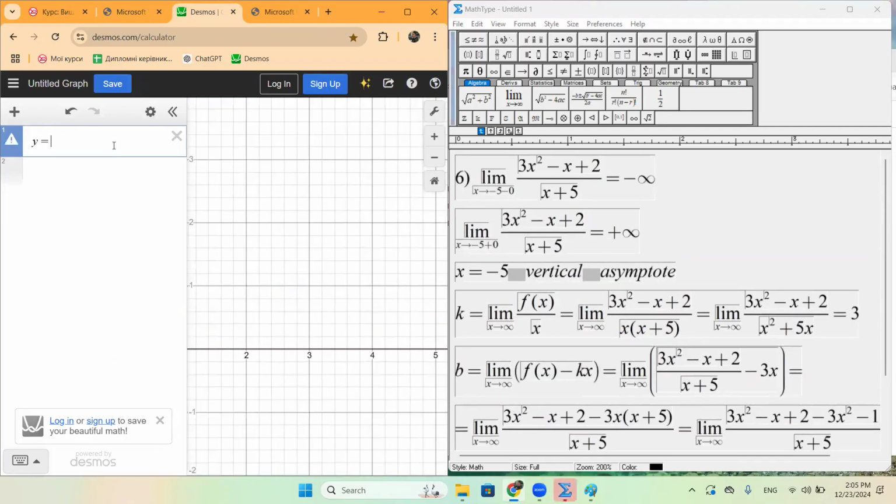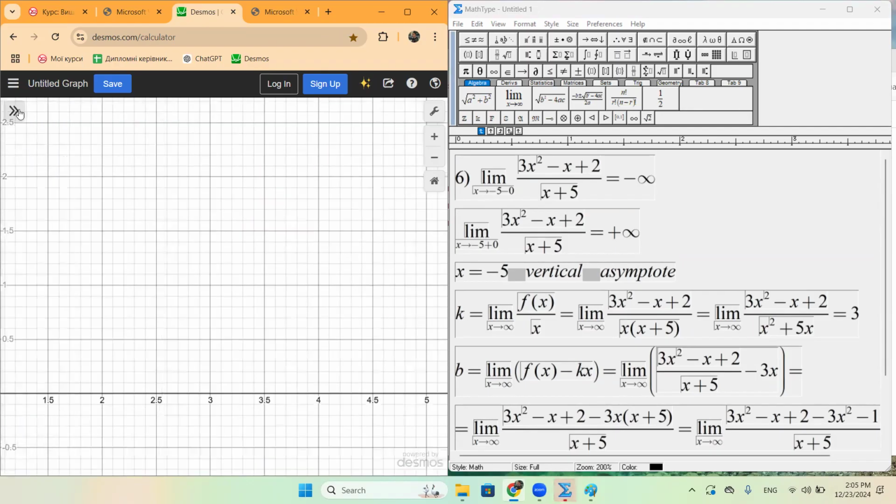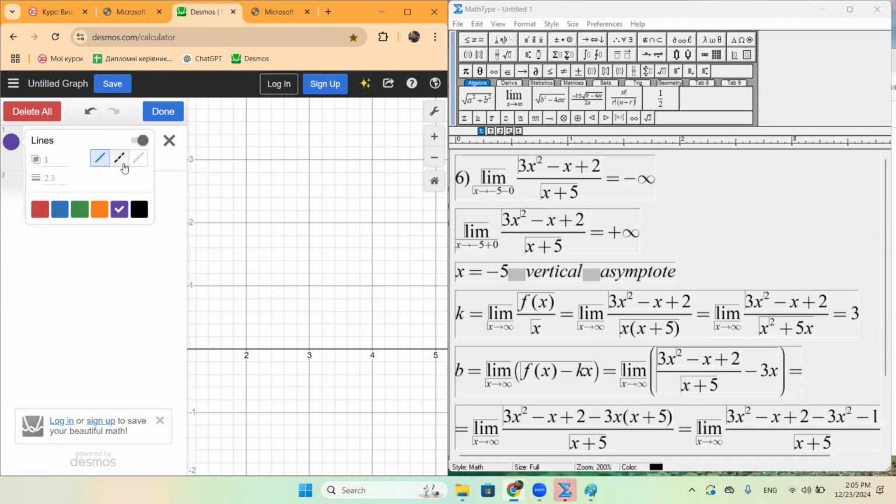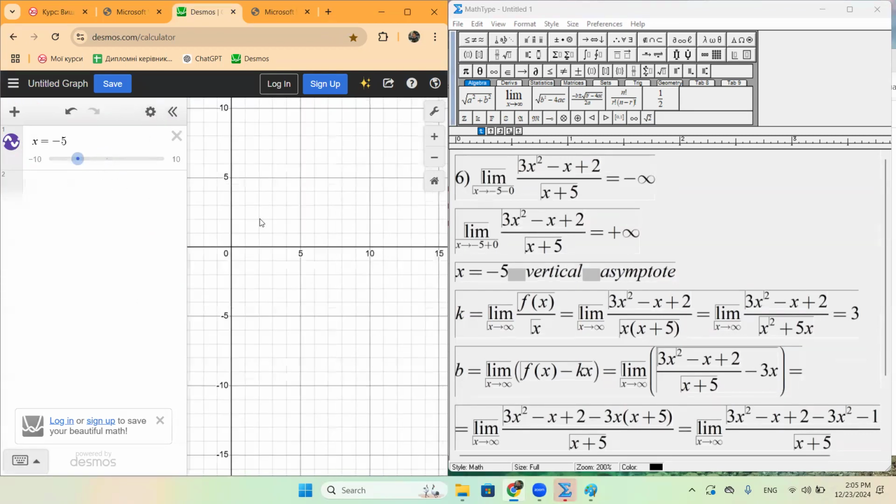Firstly, it's a good idea to draw the asymptotes first, and it's better to use a dashed style.